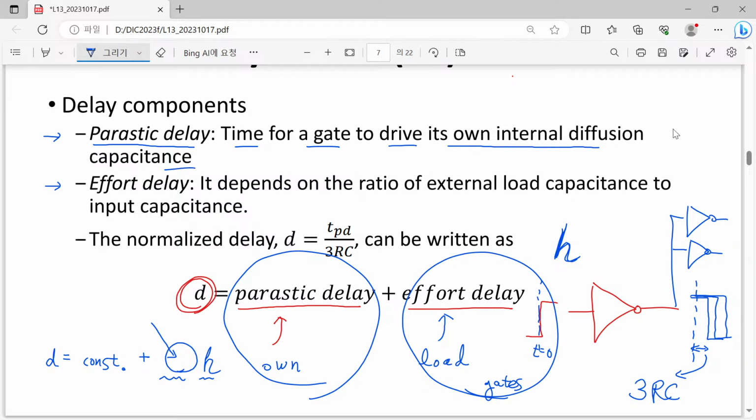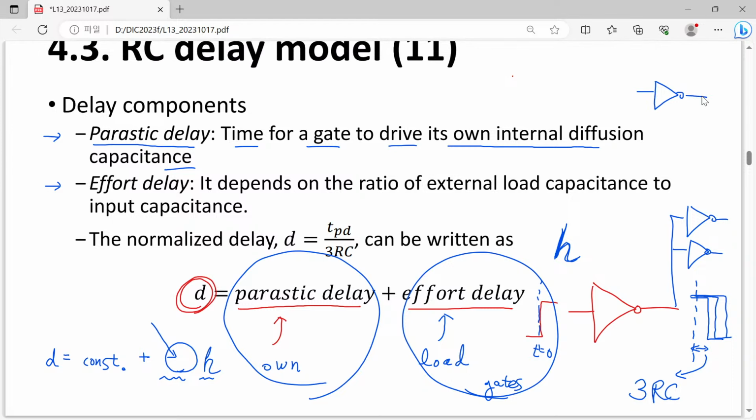So please remember that when we consider our unloaded transistor, then there will be an RC model, corresponding to, if we consider discharging, something like this, 3CR. Are you with me?